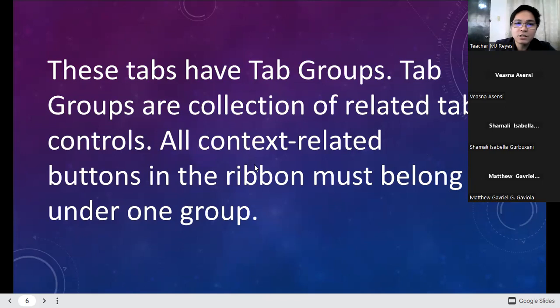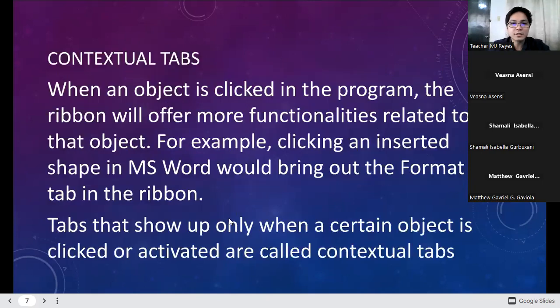Contextual tabs. When an object is clicked in the program, the ribbon will offer more functionalities related to that object. For example, clicking an inserted shape in MS Word would bring out the Format tab in the ribbon. Tabs that show up only when a certain object is clicked or activated are called contextual tabs. So we have a lot of contextual tabs.